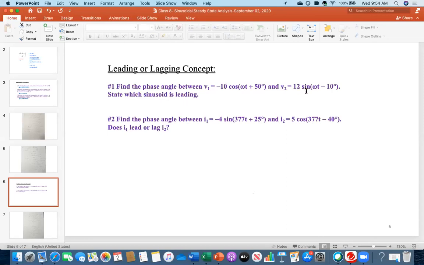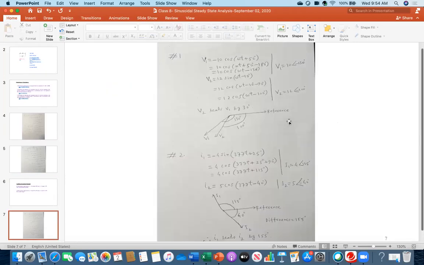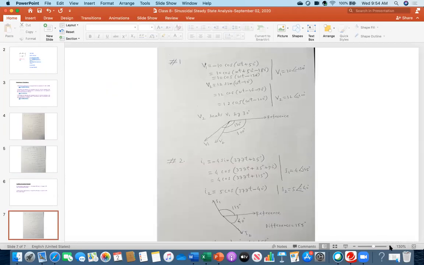Is V1 leading V2, or is V2 leading V1? And if leading, then how much, at what degree? That's the question. The same question goes for this one. What is the phase angle? Find the phase angle between this and this. What is their phase difference? And based on that, conclude whether i1 leads or lags i2. So now everybody see, I have done the calculation for you. Let me zoom in.